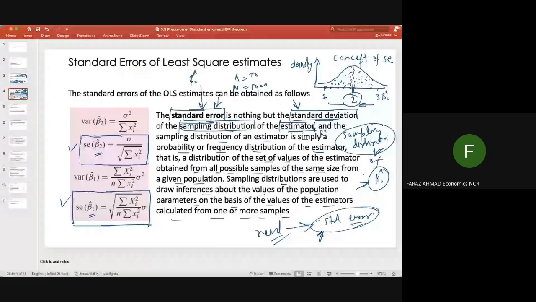You can have a sampling distribution of anything. All you have to do is to sample again and again and get all possible samples of a given size from the population of a given size, and then calculate its standard deviation to get the standard error of that thing, not only beta 2 hat, but anything. So it's a general concept. Okay. Thank you, sir.